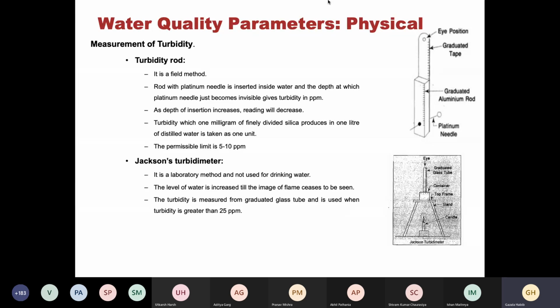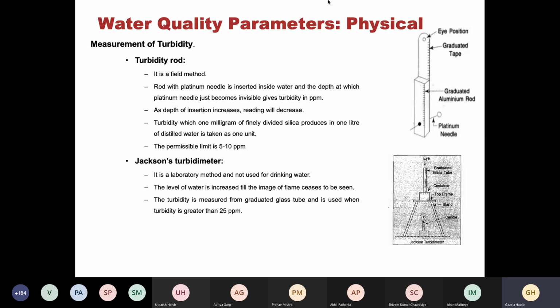In the first method, a metallic rod with a platinum needle at the bottom is inserted into water, and the depth up to which this needle is invisible is translated to the turbidity of the water.